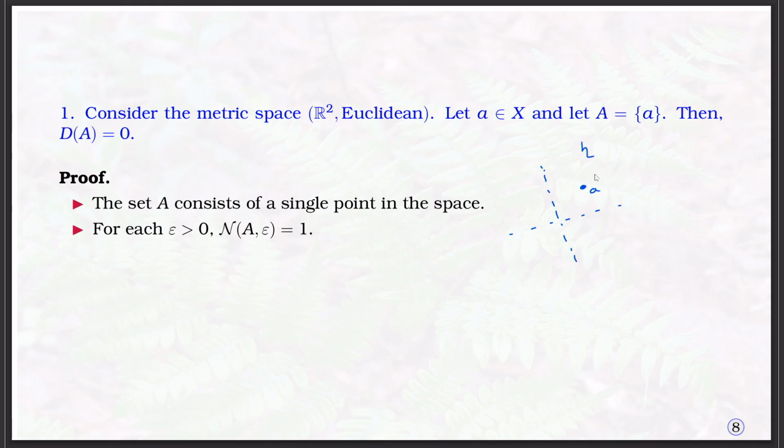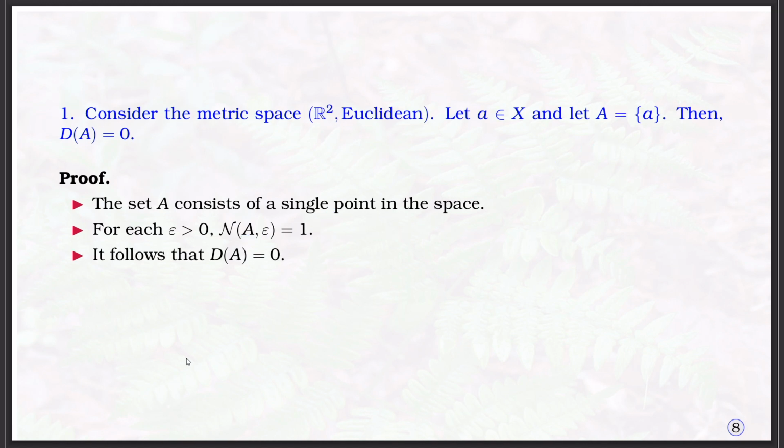This is our A equal to singleton A. For any epsilon greater than 0, the number of boxes required to cover A with epsilon radius is equal to 1, because for any positive epsilon you can take this as the center, and it will easily cover this point. So, the number of boxes required to cover the single point is 1.